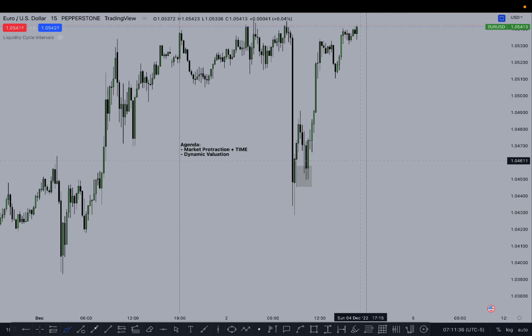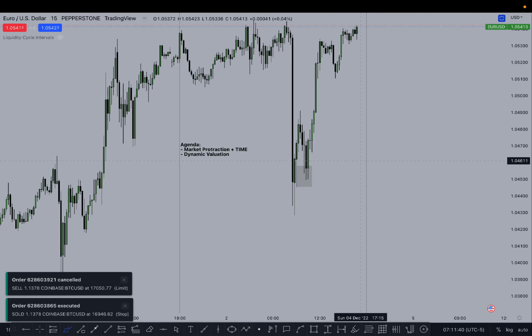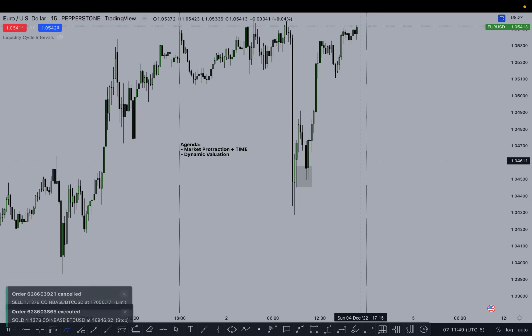Market protraction reaches fair valuation within that particular structure, within everything that you see right now. Market protraction is basically telling us that price is going to fair value for that contextual framework.